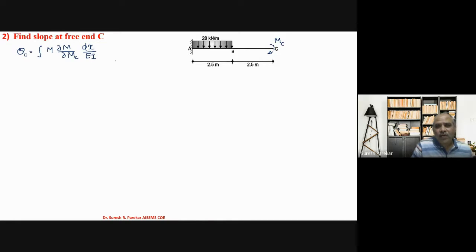And therefore we have again two regions, one is C to B and another region is B to A. So we will write the same table, or I can show you directly.